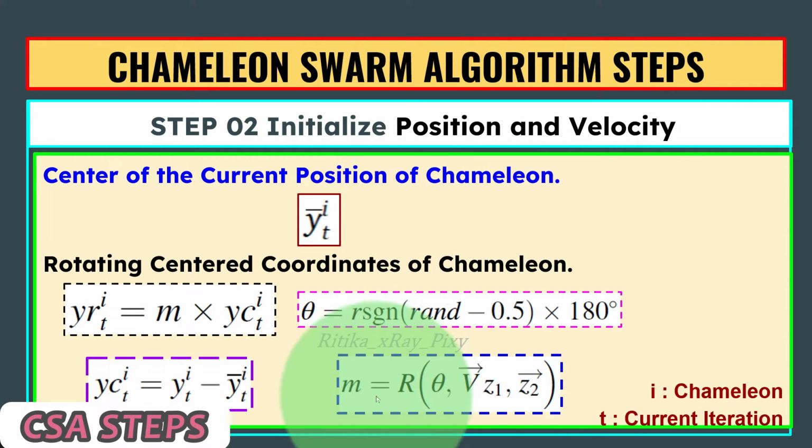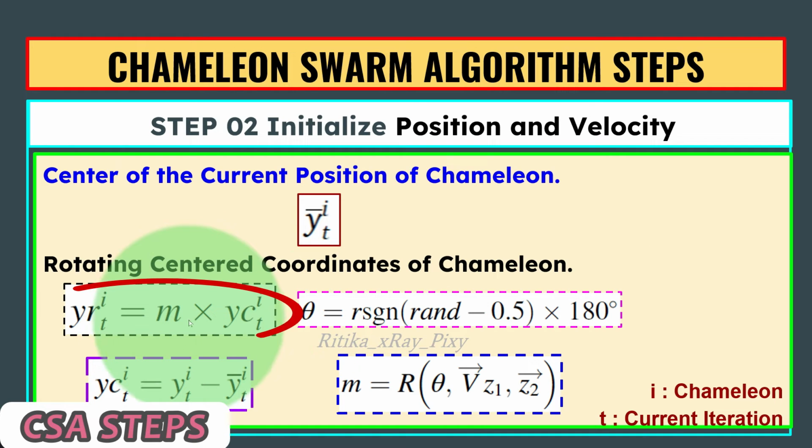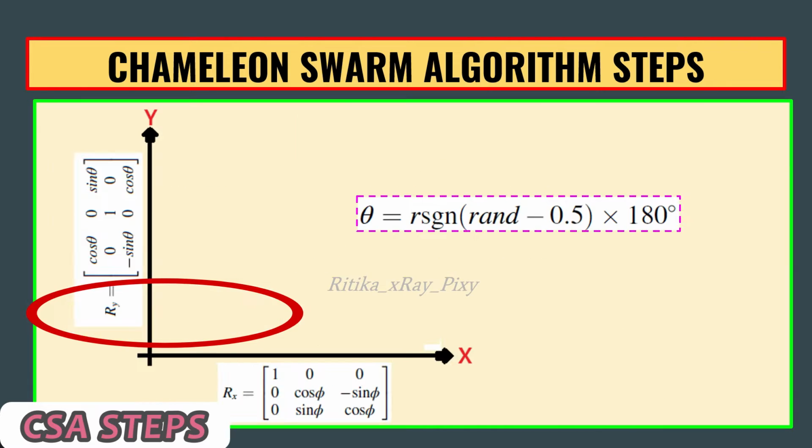After that, the value for m, that is the rotating matrix, is calculated using this. With the value for theta, we have here this one, capital R, that reflects the rotation matrix in the respective axis. Like here you can see for x-axis we have a rotation matrix, then here for the y-axis the value for theta we have this one. This is used to calculate the rotating centered coordinates for the chameleon.